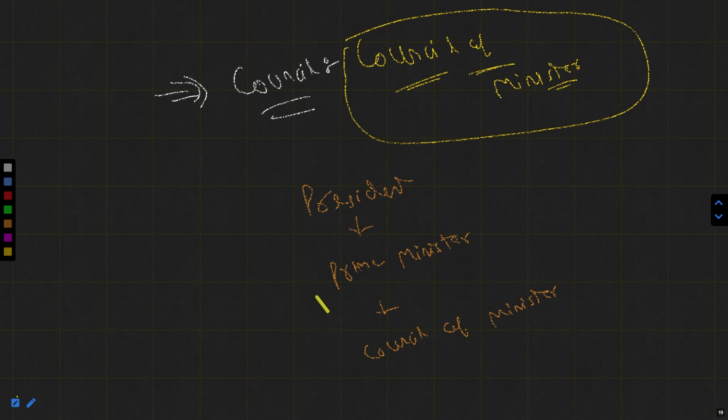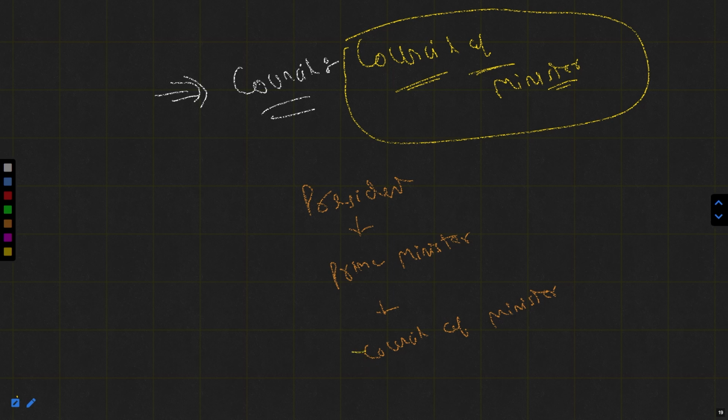Okay, so it means that if something need to be done, because in the articles of the President we have come across that all the executive orders of the Union has been passed in the name of President of India. Okay, so that's why every action contains the name of him. Alright, so for this, first the decision would be going on in the Council of Ministers.